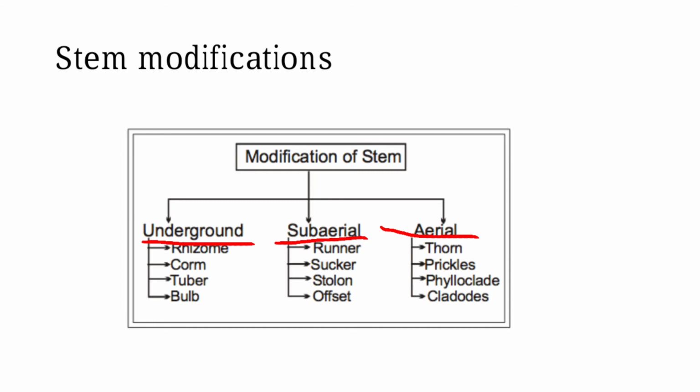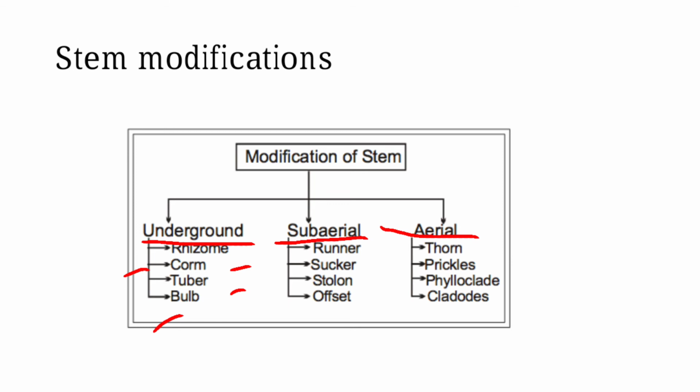Under underground stem modifications, we are having the rhizome, the corm, the tuber, and the bulb.